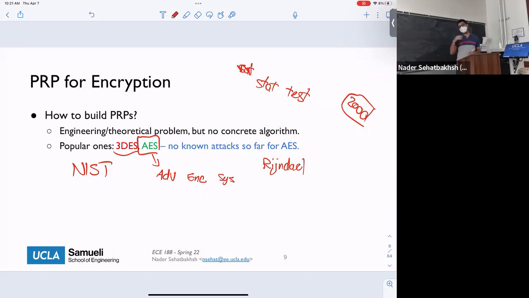Based on the set of tests provided by NIST, it passes all those tests, which means it has enough randomness that we can use it for our regular encryption and decryption. To this day, there are no known attacks on AES. There are lots of efforts to break it, but so far, luckily, we haven't seen anything that actually breaks it. So AES is basically the gold standard these days. Okay, any questions?